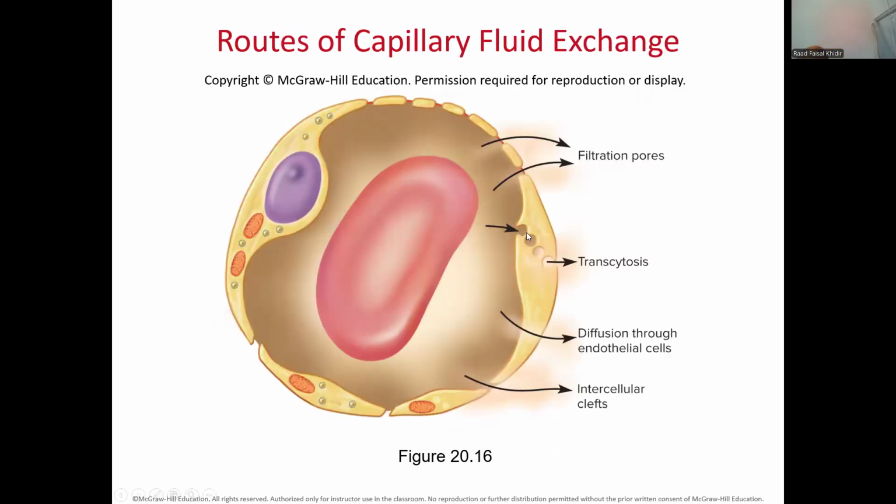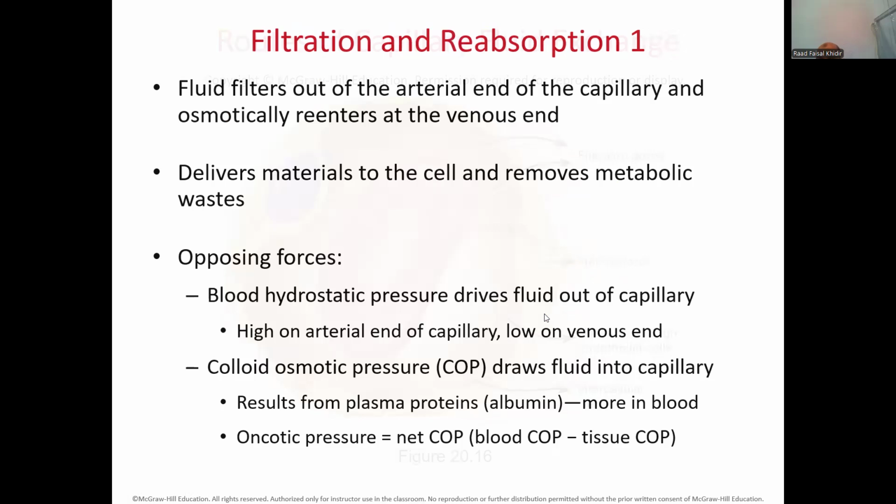That's known as transcytosis. Or moving through the pores, that's filtration, diffusion through the filtration pores, and these are interendothelial gaps. And then you can also have diffusion through the endothelial cells.